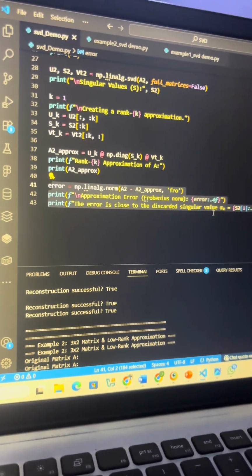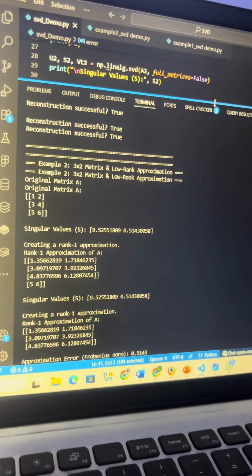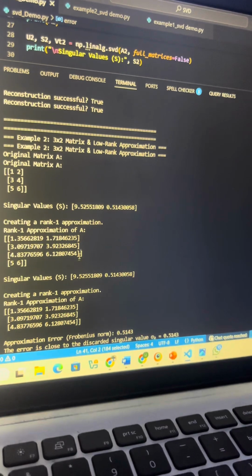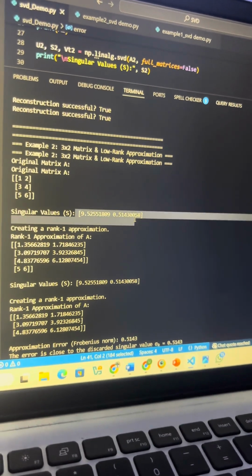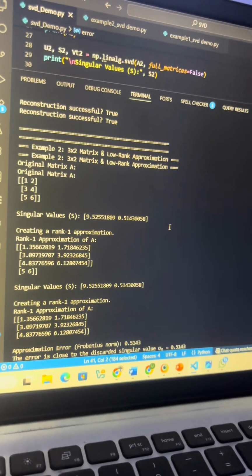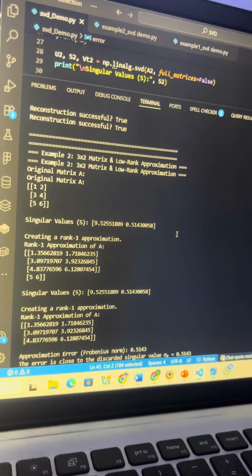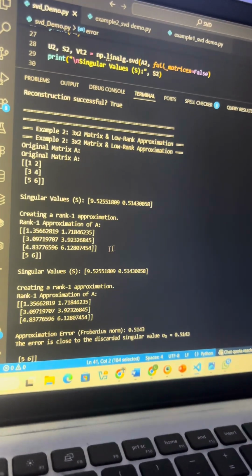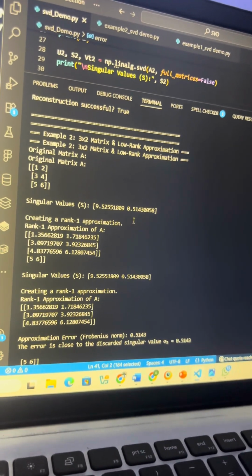Now if you see the output of this code in example 2, the first value is 9.5 and the second value is 0.5. The tiny second value means that part of the data isn't very important. We are going to be bold and keep only the most important part, just the first component.